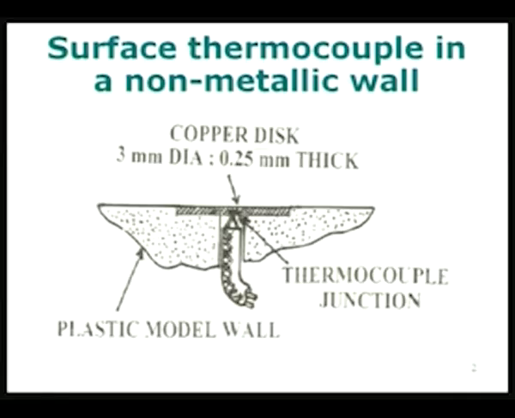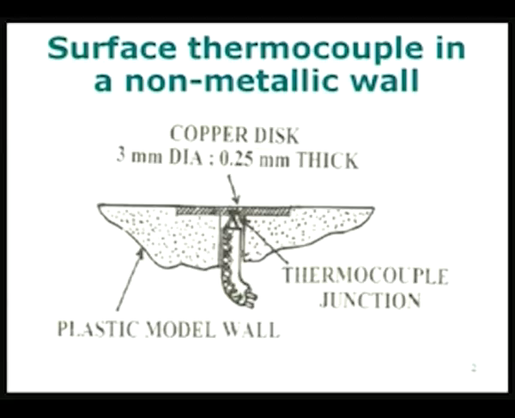Okay. So, the copper disc is getting heated from the top if the temperature of the fluid is different from the temperature of the surface, and possibly there can be some amount of heat loss due to the thermocouple which is connected to the bottom.